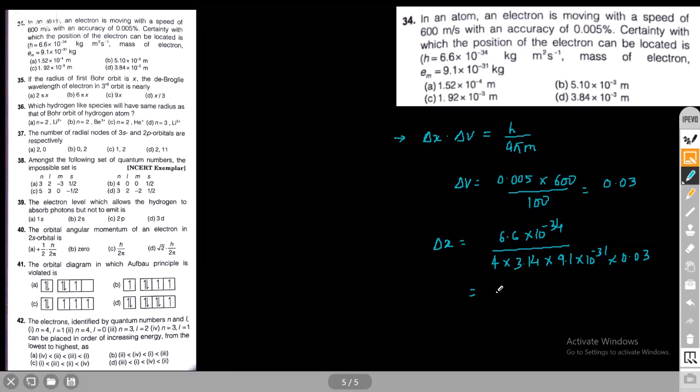When you solve this, you'll get 1.92 into 10 to the power minus 3 meter. So option C is correct.